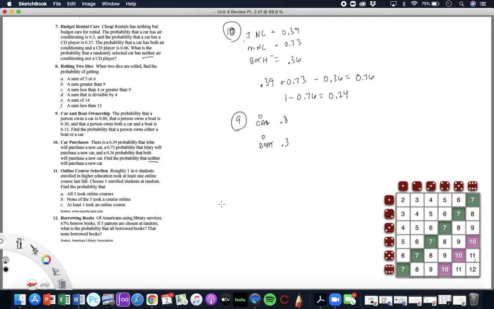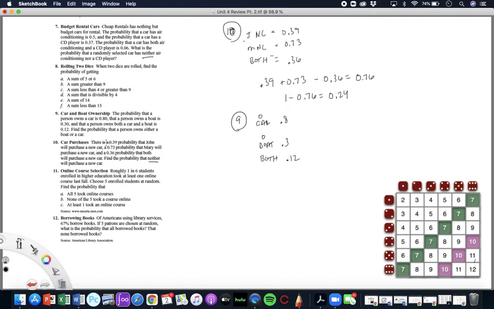So that means that they're probably counting the other part of this, which is the odds of the person owning both a car and a boat, and I'm going to put this as both, is 0.12.